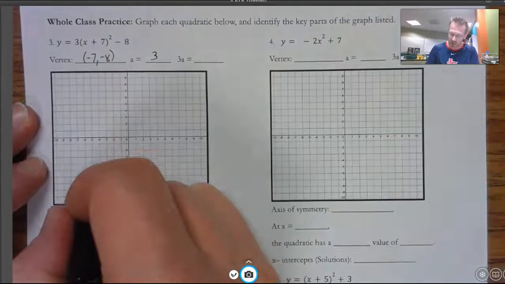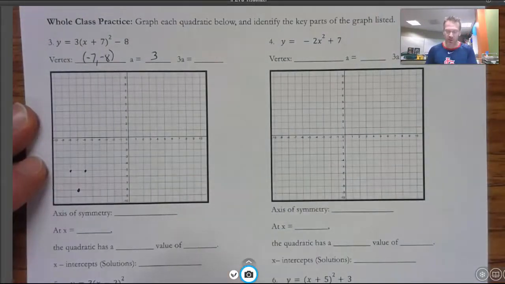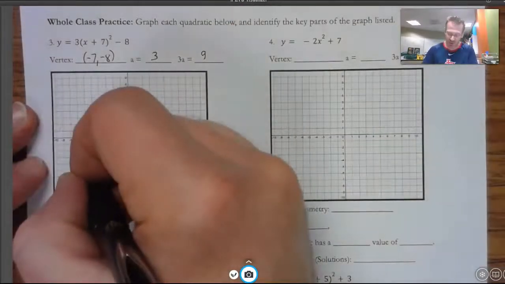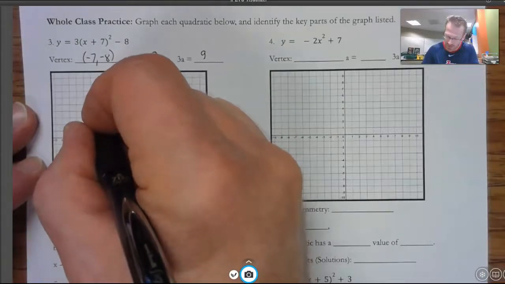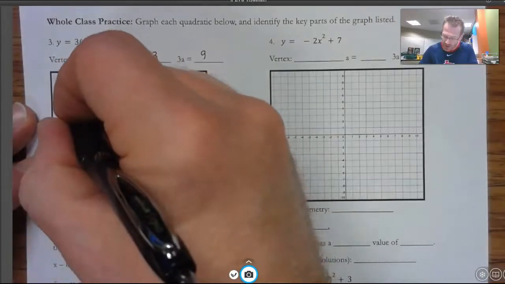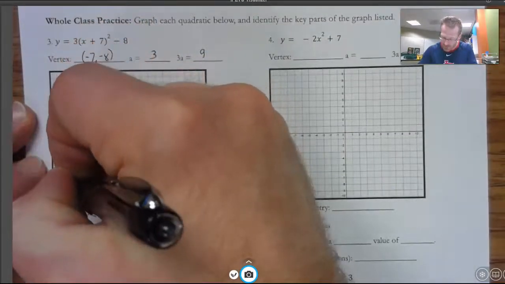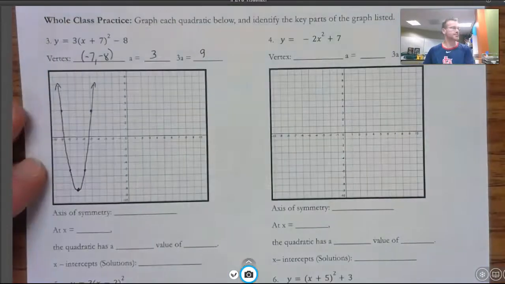So I'm going to go up 1, 2, 3 to the right one, up 1, 2, 3 to the left one. And then 3A would be 9. So now I'm going to go up 9 from those points: 1, 2, 3, 4, 5, 6, 7, 8, 9. And then to the right one, and then up 9 to the left one. And there is my graph.